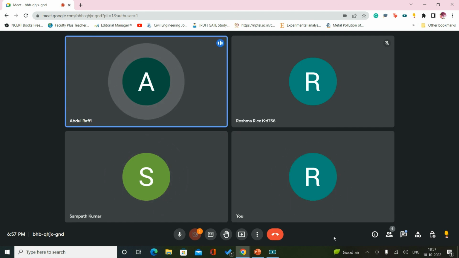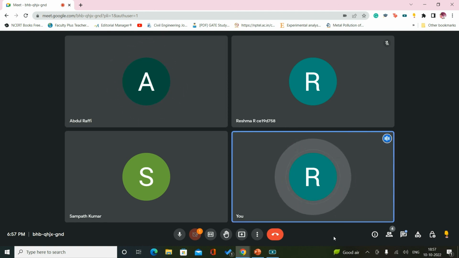Madam, normally to measure the vertical stress, you use load cells, right? Some instrument called load cells. Yes. Can load cells be used to find the lateral stress also? That is for vertical actually. Lateral stress, as far as I know, we can't measure using that.